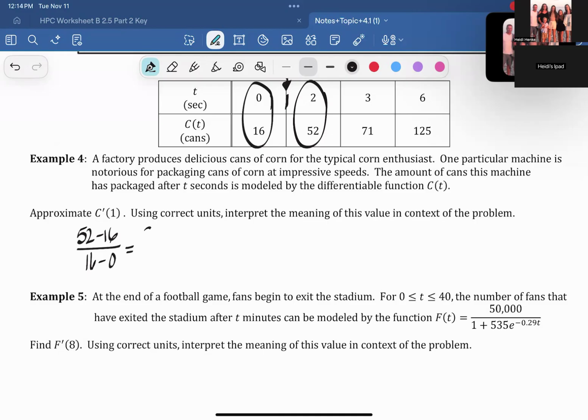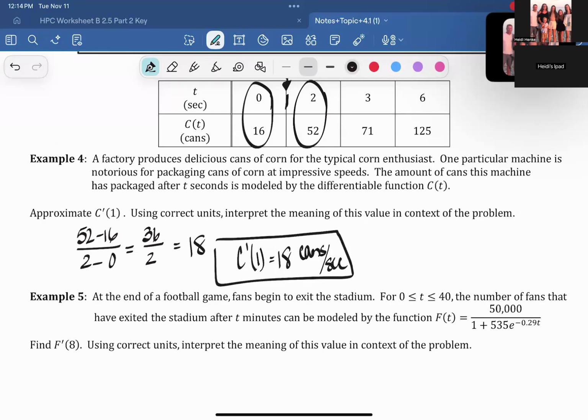That's going to be 36 over 2, which is 18. So C prime of 1 is 18, and we need a unit. It's going to be y over x, so cans per second. So there's the first part of my problem.